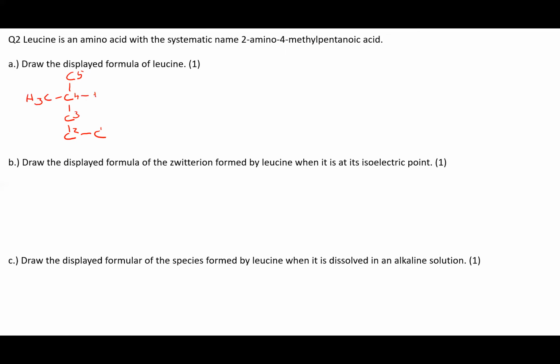And obviously another hydrogen coming off that one. Got nothing else coming off my 5th carbon, so that'll be CH3. Got nothing coming off my 3rd carbon, so that will just be CH2. This is going to be obviously COOH, H, and then 2-amino, so H2N.